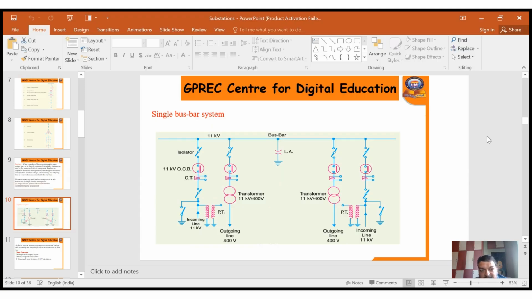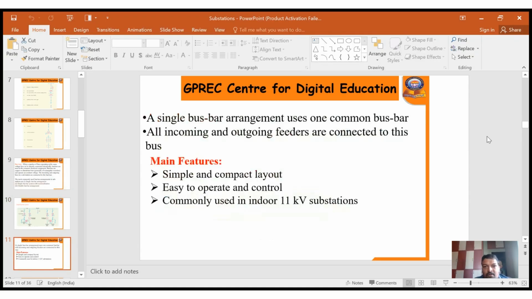A substation contains various protecting devices like circuit breaker, current transformers, isolators, transformers, potential transformers, and lightning arresters. A single bus bar system only contains one bus bar. All incoming and outgoing feeders are connected to this bus.